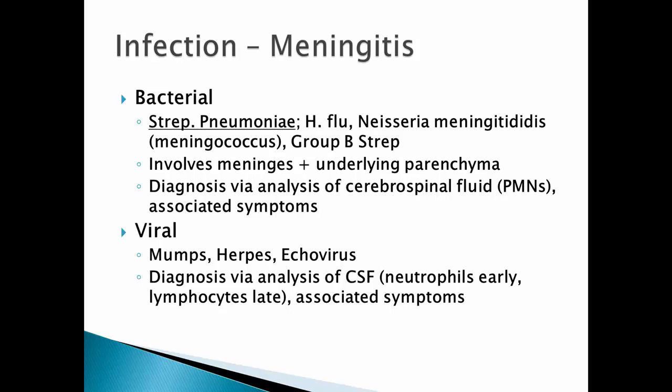What's important to know is that the organism will vary by age group. So for example, when we look at newborns and children, the predominant organisms are strep pneumoniae and group B strep. In adolescents and young adults, you're more likely to see Neisseria as well as strep pneumonia. In an elder, once again, strep pneumonia.